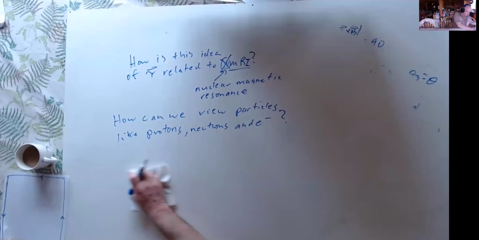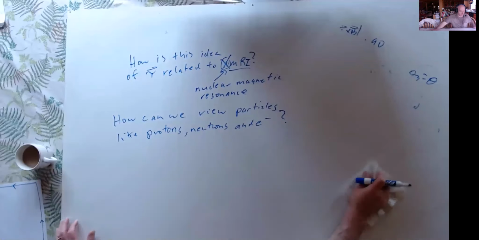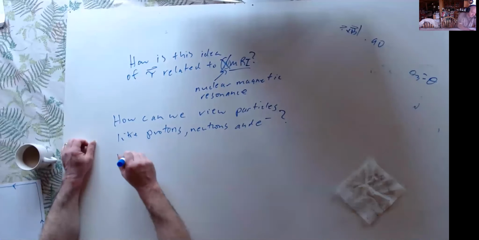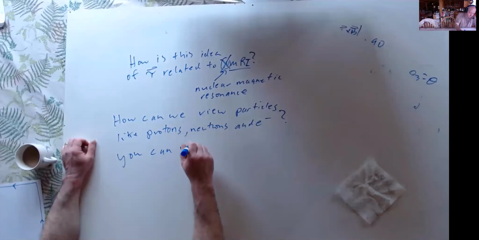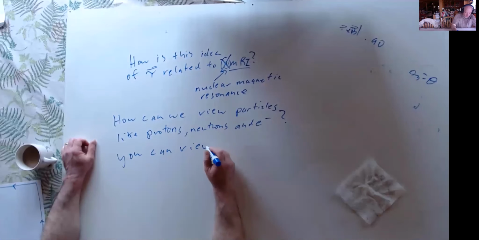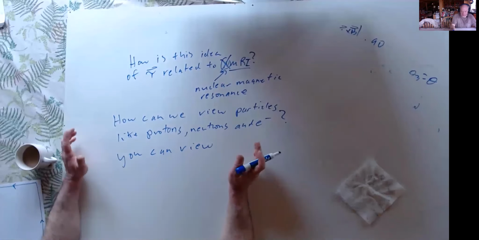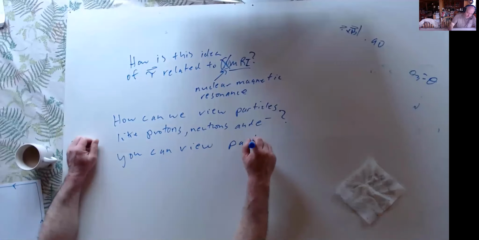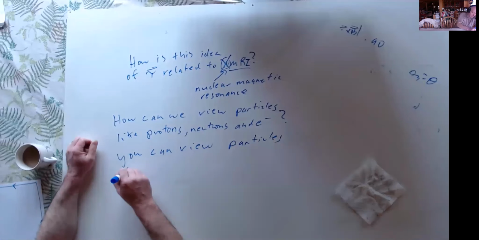And in fact, most people, whether they would like to admit it or not, think of this when they think of a particle. It's actually not a bad place to start. You can view particles as spinning objects.